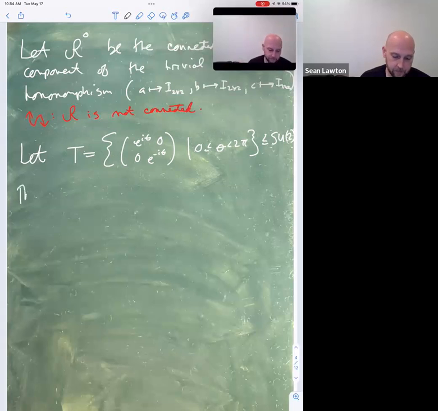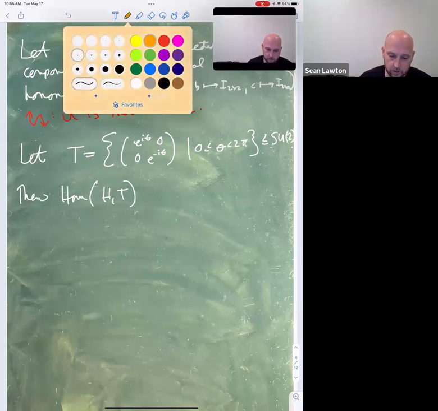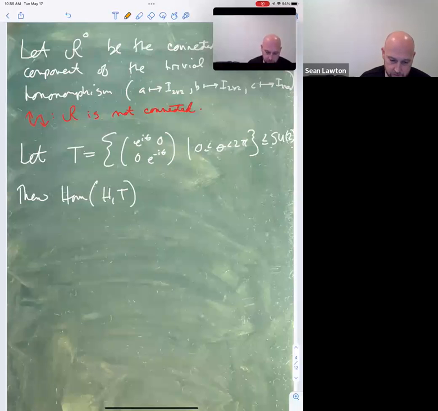Then HT, and we should just note here, this is just a circle. This is homeomorphic to this S1.